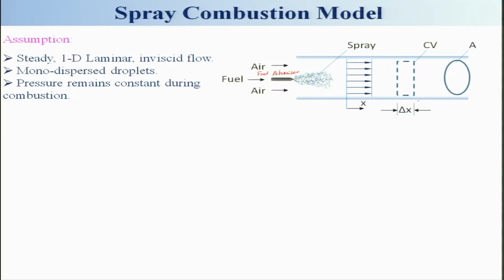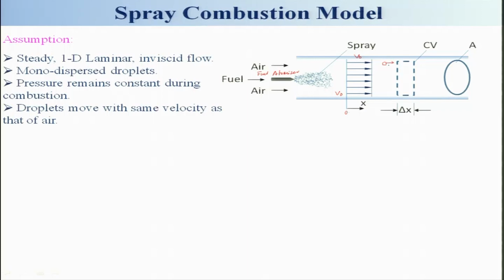and that we have already done several times. So, this is not a bad assumption as such. And droplets move with the same velocity as that of the air, because the velocity at this location is basically 0, and then the velocity will be v naught. This is the mixture velocity, the fluid will be moving, and there is no lagging or relative velocity between the droplet and the fluid.